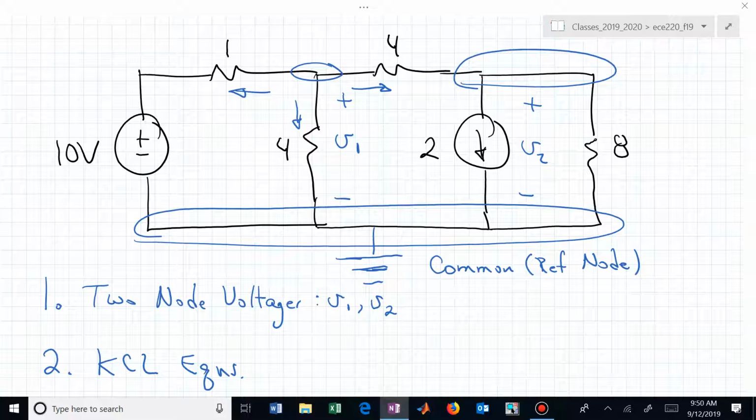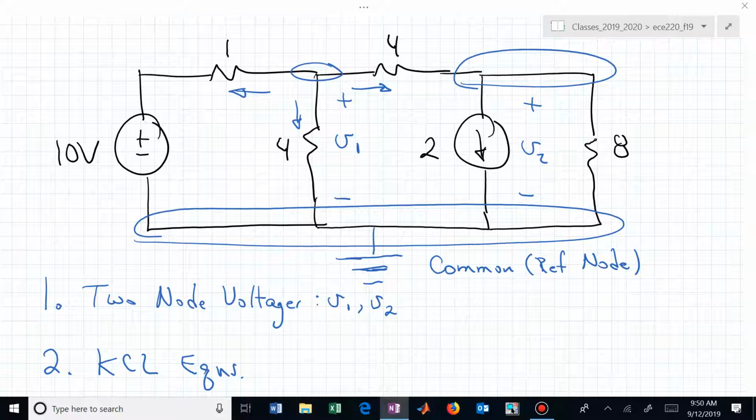Now, let's find the current flowing from right to left through the 1 ohm resistor in terms of our node voltages and given voltages. Do you see why that node above the voltage source was not essential? That's 10 volts relative to our common reference node that we defined. We know what that is. We don't need to call it an unknown voltage. It's given to us by what we set the voltage source to equal.